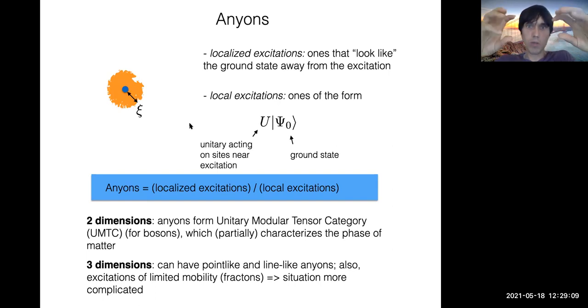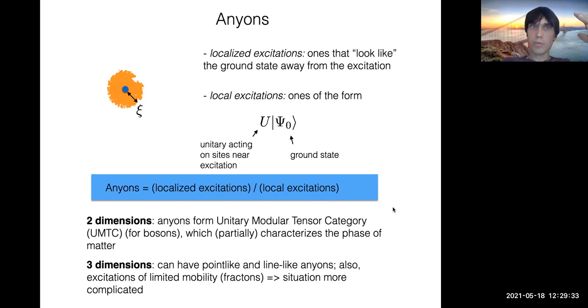They can be popped out of the vacuum by acting on the ground state with this kind of unitary operator. And so the idea is that there is a characteristic spectrum associated to any gapped Hamiltonian of so-called anyon excitations, which are localized excitations modulo local excitations, in a rough sense.